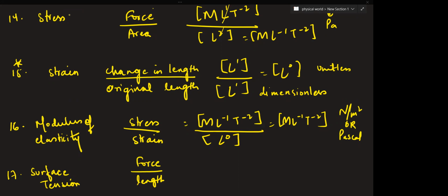Ma'am, what is the SI unit of this? SI unit, see, you tell me what is the SI unit of force? Kg meter per second squared. This is also known as Newton. Yes, Newton. So this becomes Newton per meter. All right.